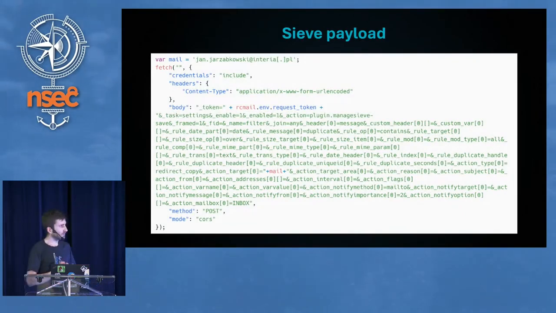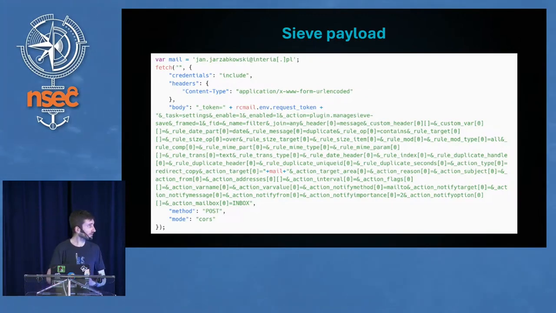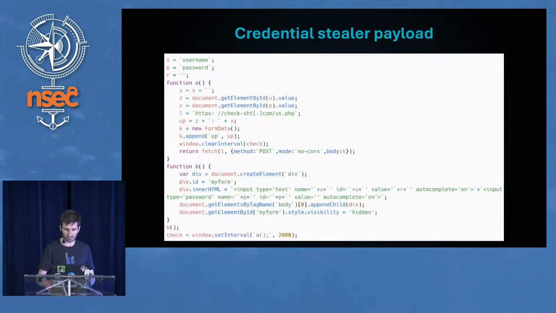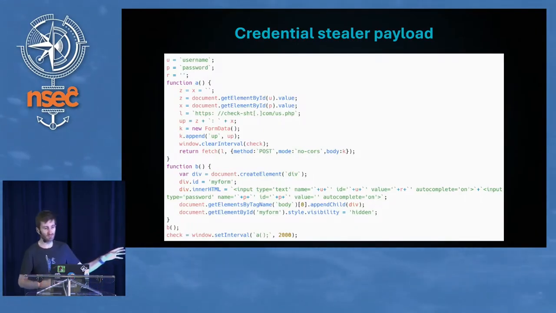They have a safe payload, which is quite similar to the one from SendNet, so it will redirect all emails sent to the inbox to an attacker-controlled email address. And they have a credential stealer payload. It's also a hidden form. And when we tested last year, this technique would trick the default password managers of Firefox and Chrome, but it was not working in Safari.